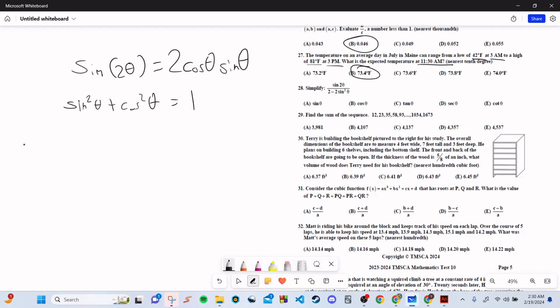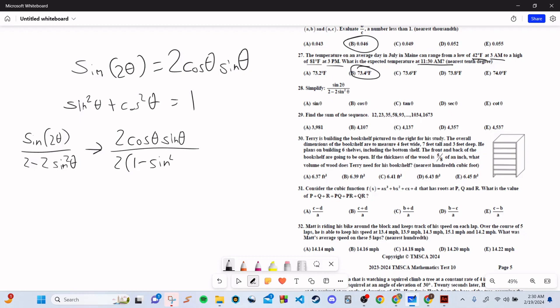So if we take this expression, so that's sine of 2 theta over 2 minus 2 times sine squared theta, I can rewrite this as 2 times cos theta times sine theta over, and I can factor a 2 from the bottom. That'll be 1 minus sine squared theta. So knowing this identity, we can get that that bottom part in the parentheses should just be equal to cos squared theta.